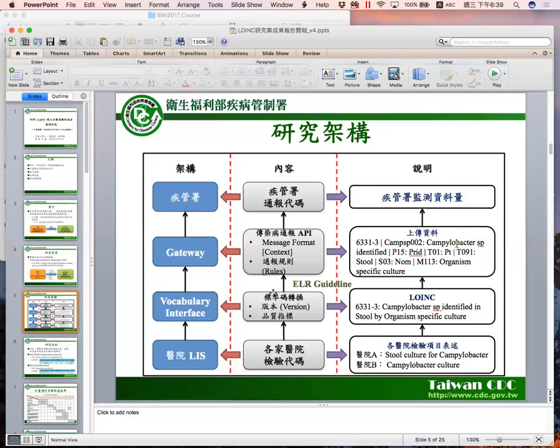So we need to provide a guideline. And imagine each year the CDC for this project, each year is 20 hospitals. They spend 20 million NT dollars for the project, but this is only for the mapping.